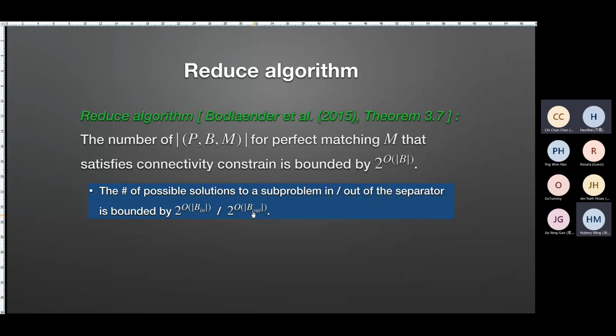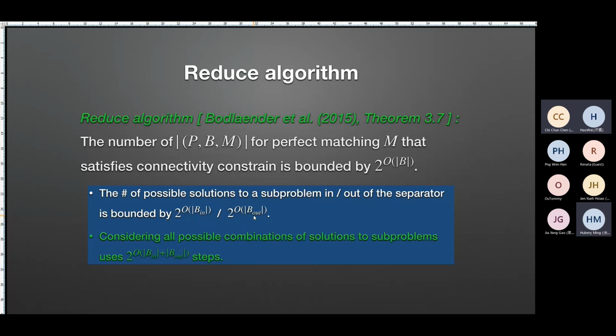Therefore, if we would like to consider all combinations of the solutions to these subproblems, we have to use this time, that is, this number times this number.